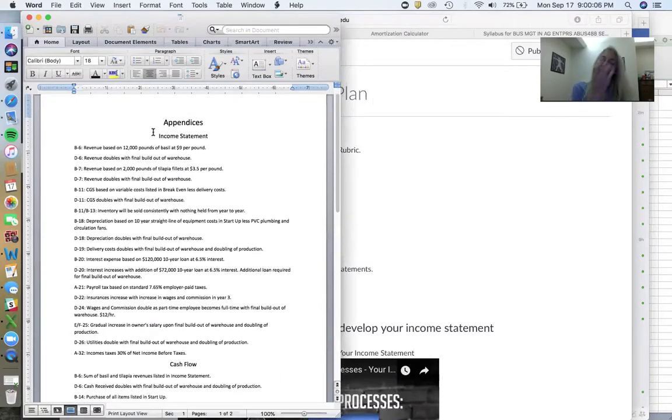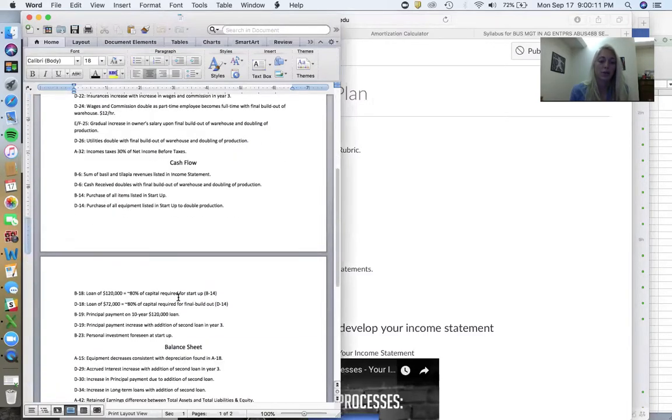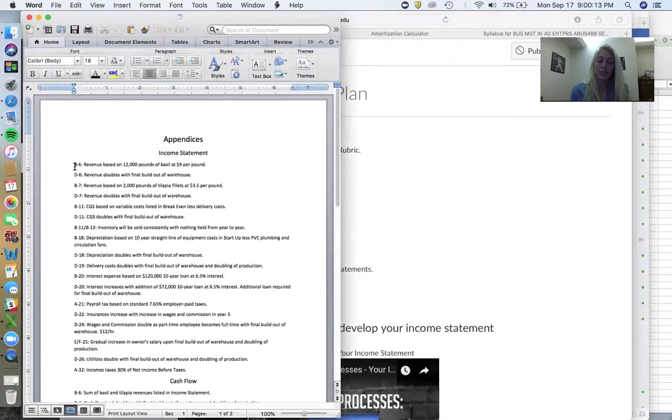So what you're going to do is list out each statement: your income statement, your cash flow, and your balance sheet. You're going to reference specific cells in each. So again, this refers to cell P6, and you're going to explain why you put the number down that you did. So B6 refers to sales revenue based on 12,000 pounds of basil at $9 per pound. I'm looking for very specific numbers here.